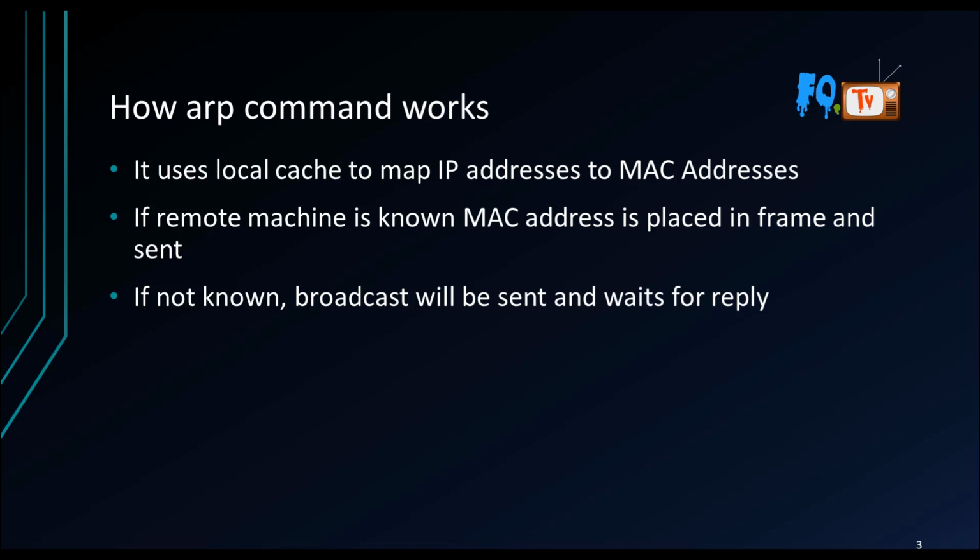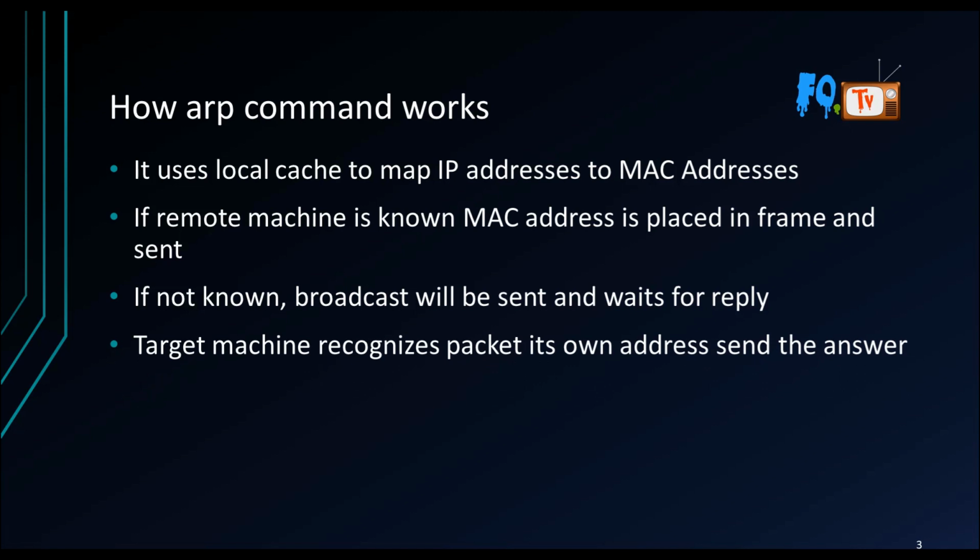If the host is not known, then it sends a broadcast message to all the machines, and whichever machine replies, it gets that information and writes it to the cache. Then the target machine recognizes the packet, recognizes its own address and sends the answer. That's how the ARP command works.